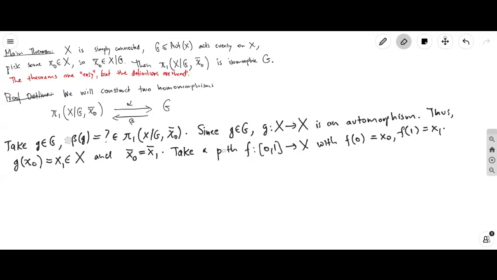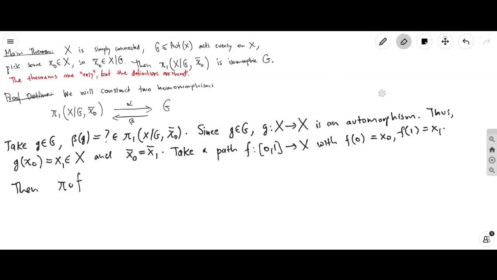And how do you get a loop in the quotient? You have to project it with the covering map. So that means you compose with the covering map. There are two different pi's here. This is, of course, the pi. This is pi 1. That has nothing to do with a map. This is the quotient map.